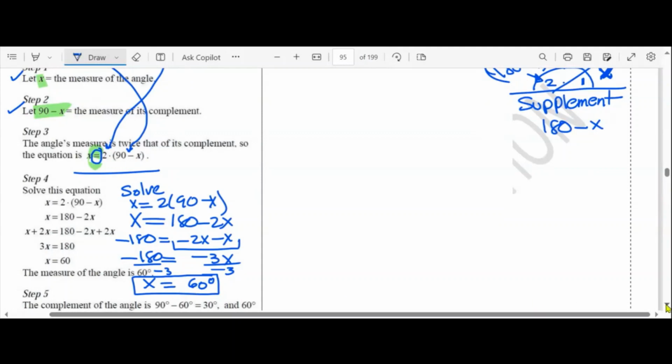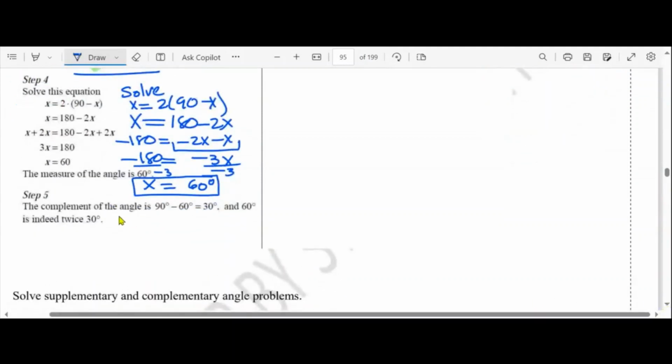Now what about the complement? It was 90 minus x. How much is x? 60. So subtract this from this, what do you get? 30.